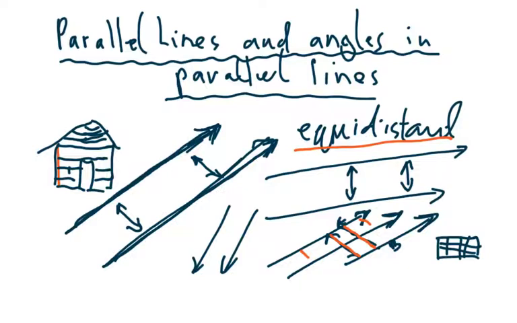One edge is parallel to the other, but just be careful that it's not those that are the opposite edge. It's better to say that the opposite edges are parallel to each other, and so on. So try and provide various examples that enable children to understand what we mean by parallel lines. So that's a quick recap of that, and then I'll move on to angles that are formed within parallel lines.